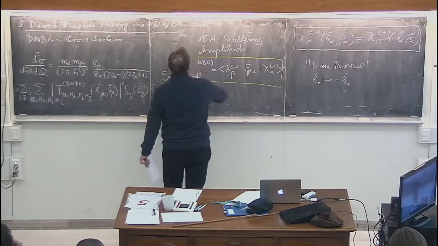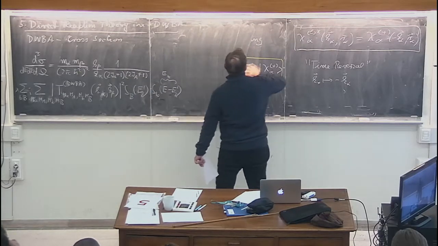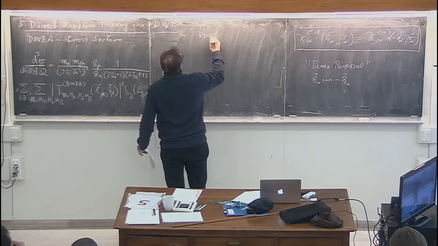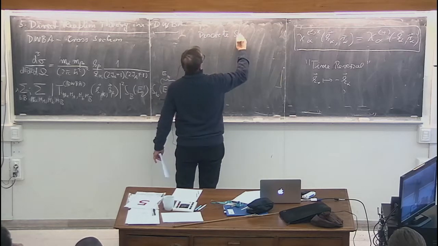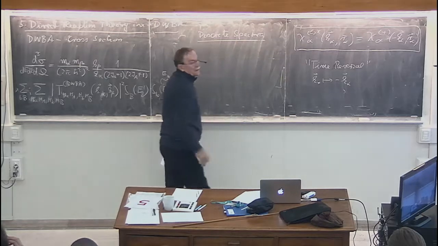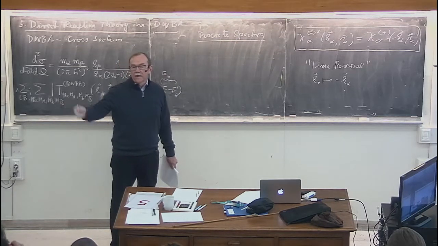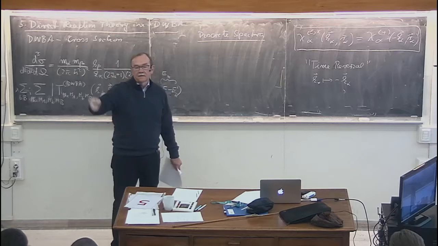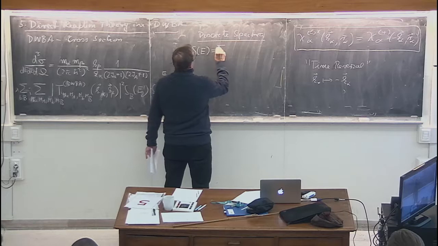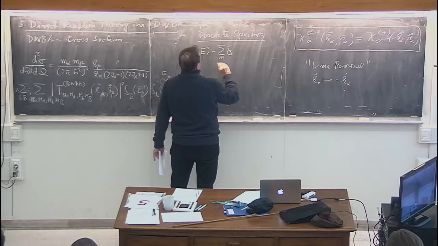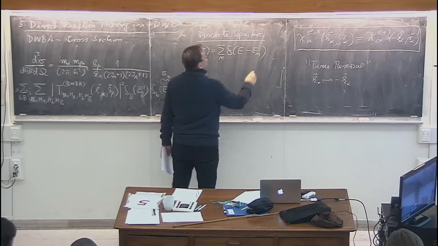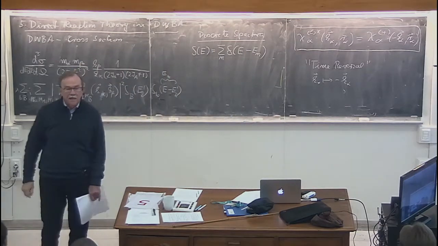And if I have a discrete spectrum in projectile and target, you remember maybe from our first lecture that at the beginning of the spectrum you had these spikes separated very well. And then these S of E's are given simply by delta functions, which have spikes at the excitation energies.